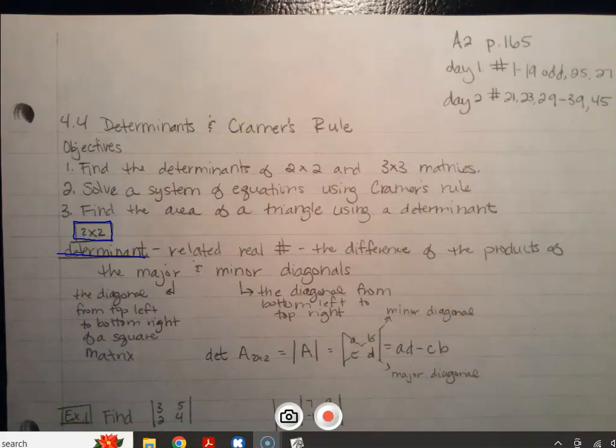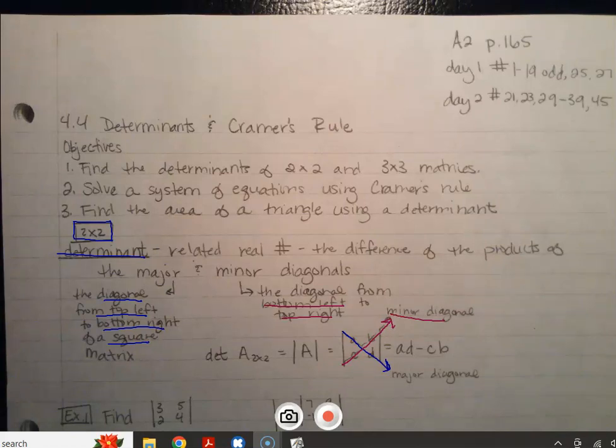The major diagonal is the diagonal from the top left to the bottom right of a square matrix. So if I look at matrix A over here, this right here is my major diagonal, the top left to the bottom right. Now, the minor diagonal is the opposite. It's from the bottom left to the top right. So if I start here and go this way, that's my minor diagonal.